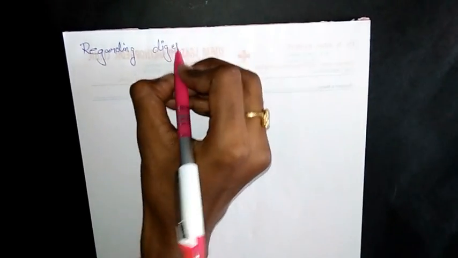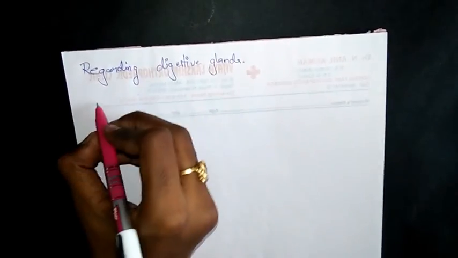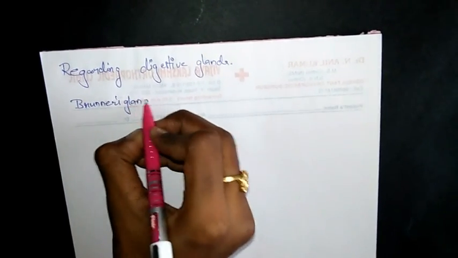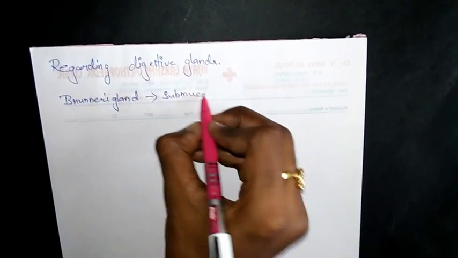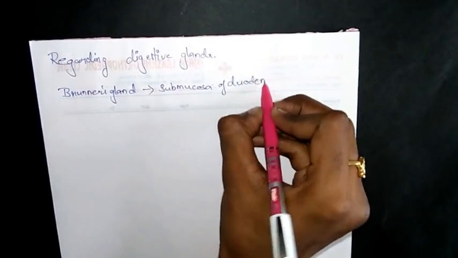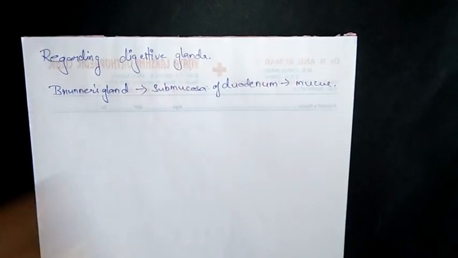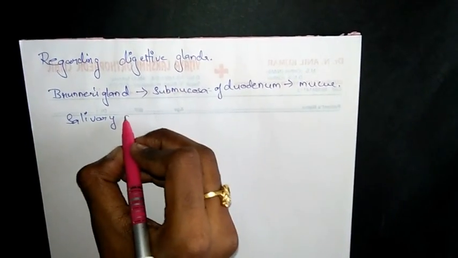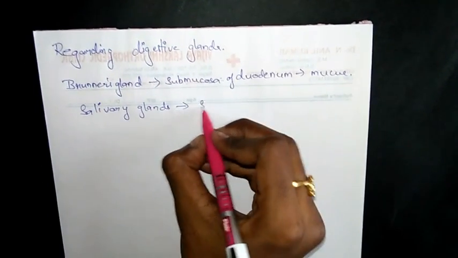Now regarding digestive glands, first Brunner's gland. Origin: submucosa of the duodenum. Its function is secreting mucus. And second come the salivary glands, which secrete saliva.